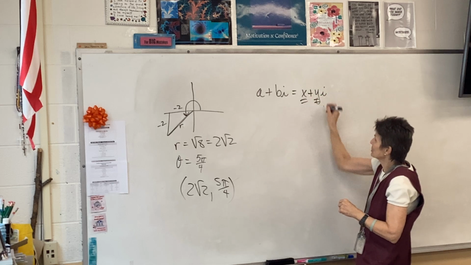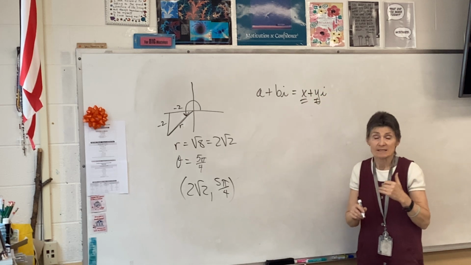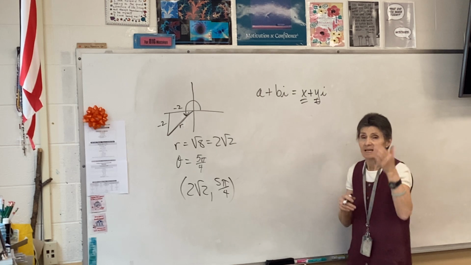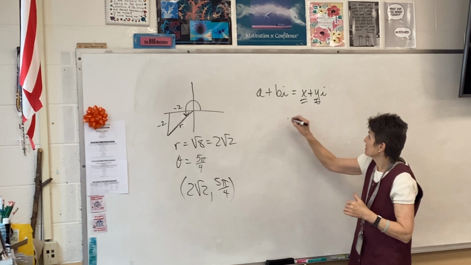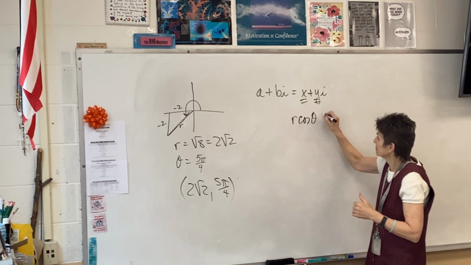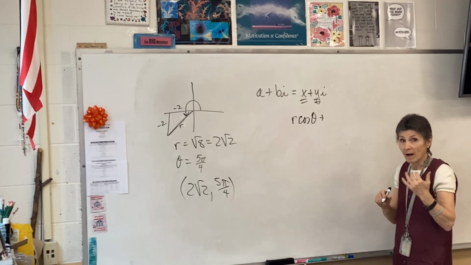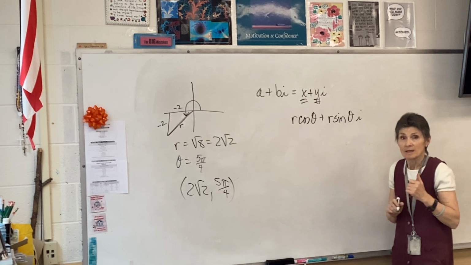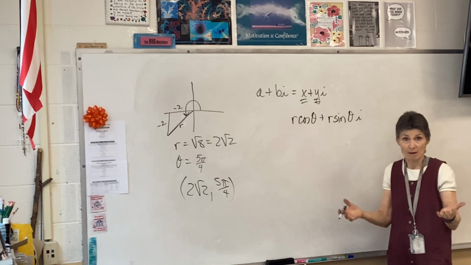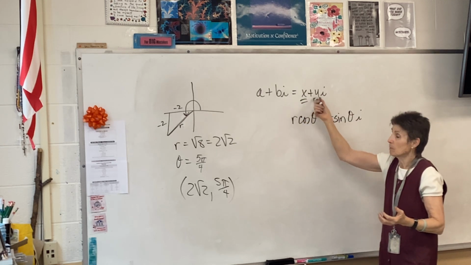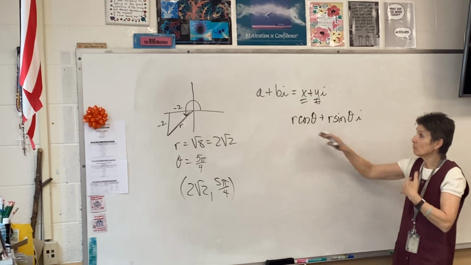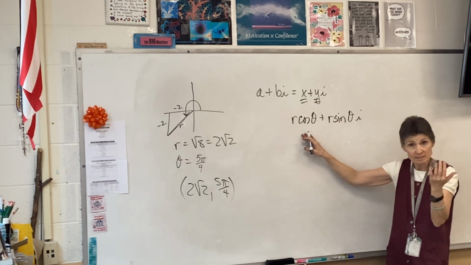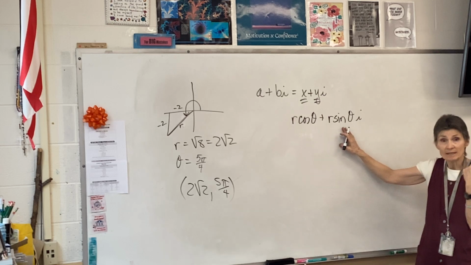Might be easier to use x and y since that's what we're plotting. Since x is r cosine theta and y is r sine theta, there is your complex number, x plus yi, but now written in its polar form. R cosine theta, that's x. R sine theta, that is y.